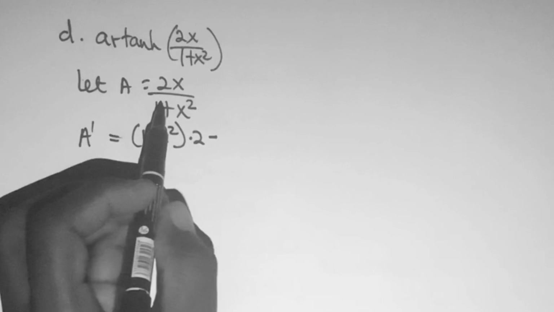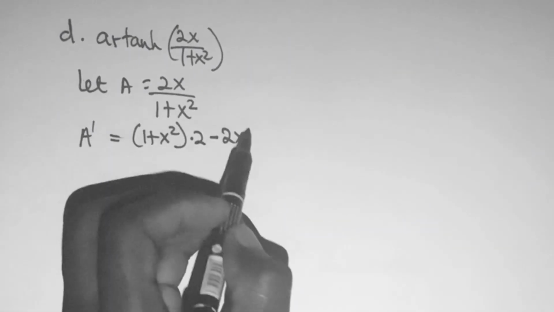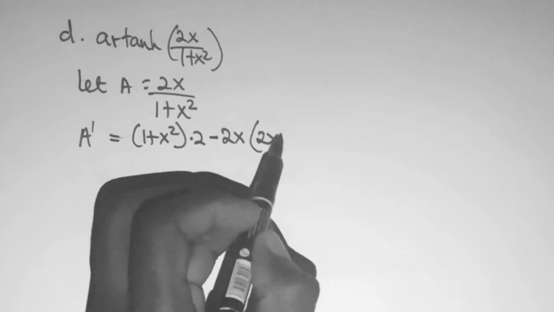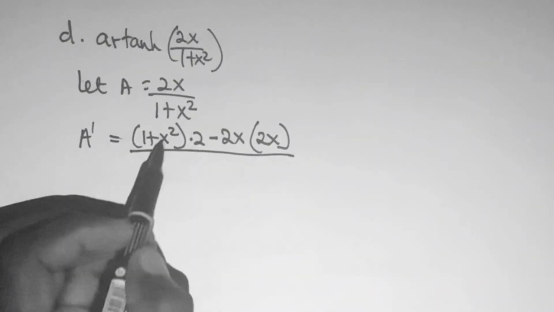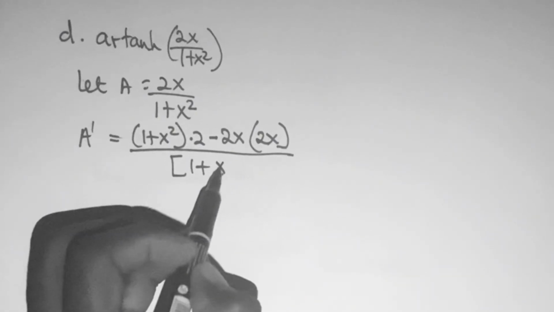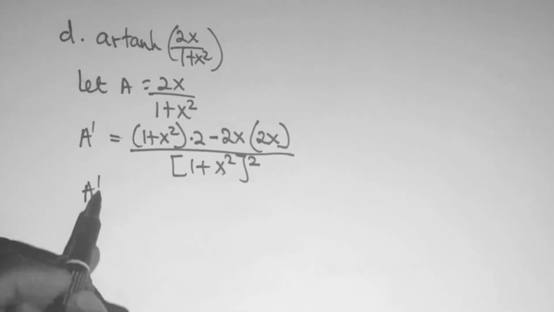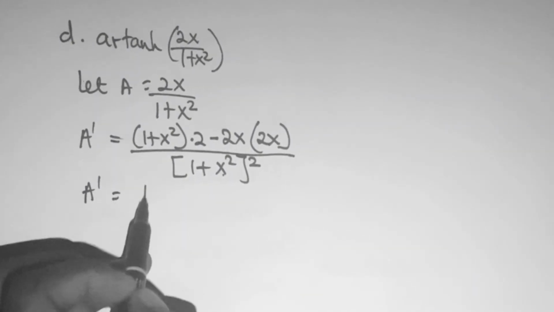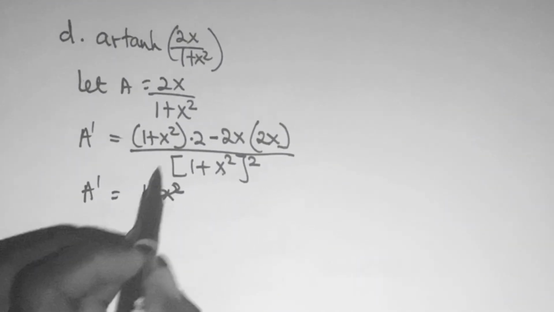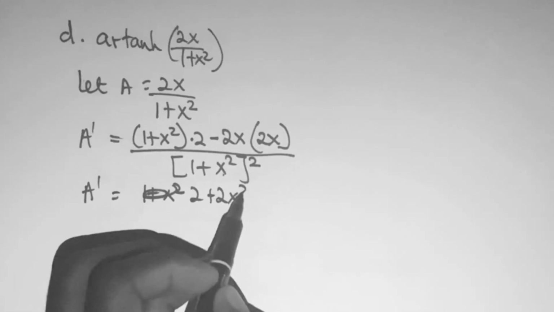Then minus. Maintain the numerator and differentiate the denominator. If you differentiate 1 plus x squared, you get 2x. Then divide it by the square of the denominator, that is 1 plus x squared all squared. So a prime is equal to 1 plus x squared times 2, which is 2 plus 2x squared.